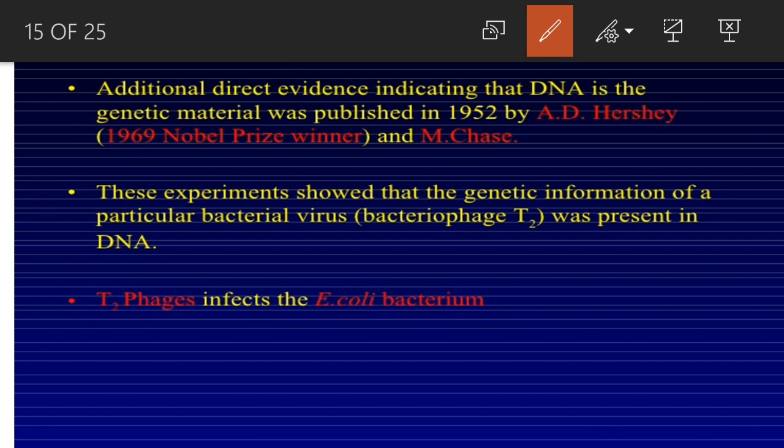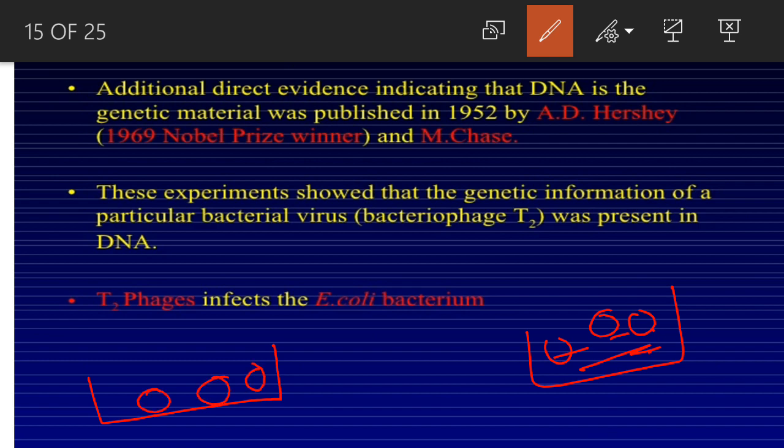They grew some of the viruses on a medium that contained radioactive phosphorus, and some of the viruses were grown on a medium containing radioactive sulfur. So this is radioactive phosphorus and this is radioactive sulfur. Sulfur 35, phosphorus 32.